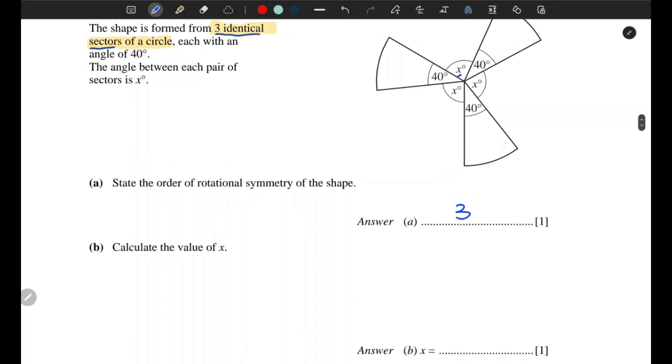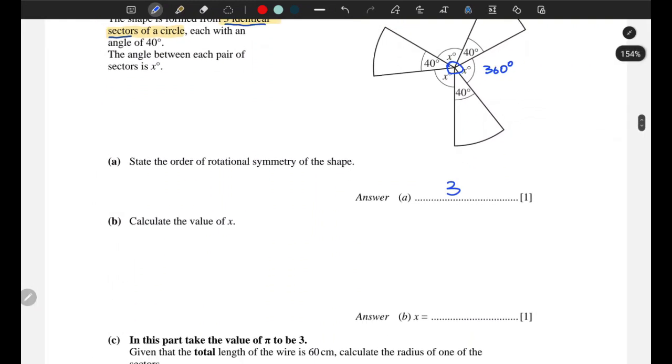So we know that this entire thing is equal to 360 degrees, right? So we can just add everything up and set that equal to 360. So we can do 40 plus 40 plus 40. Okay? So these 3 40s are done, plus the 3 x's that we have.